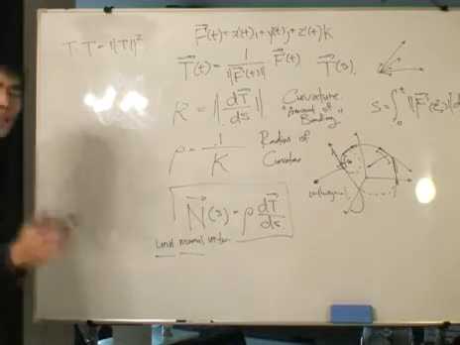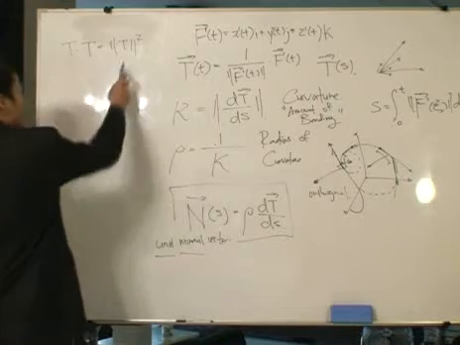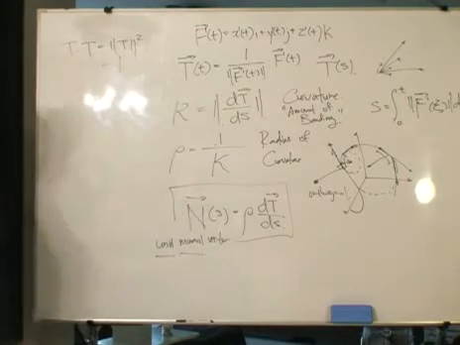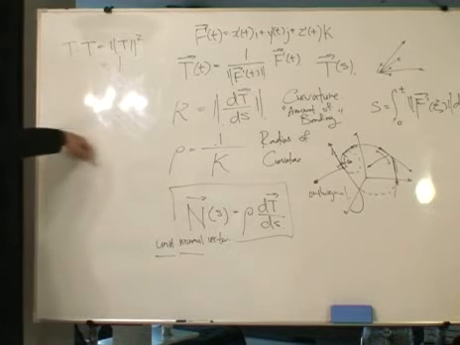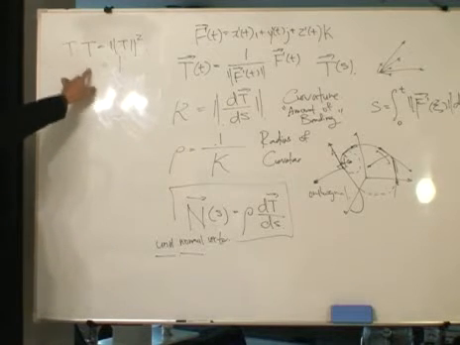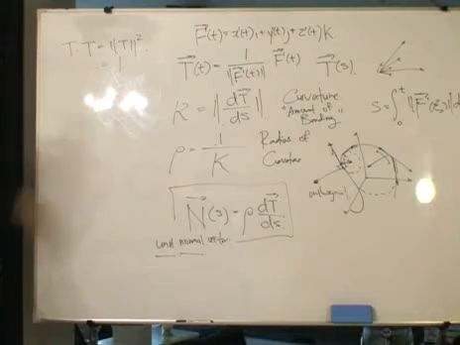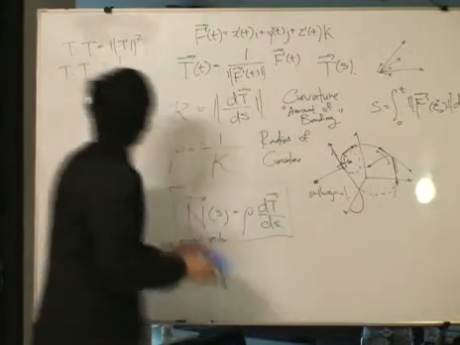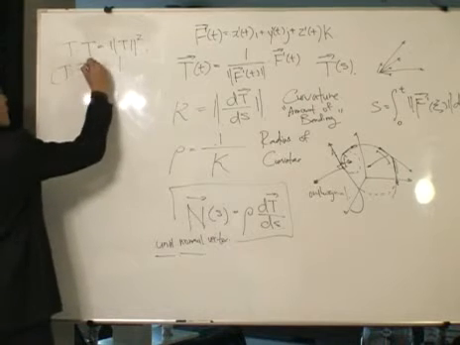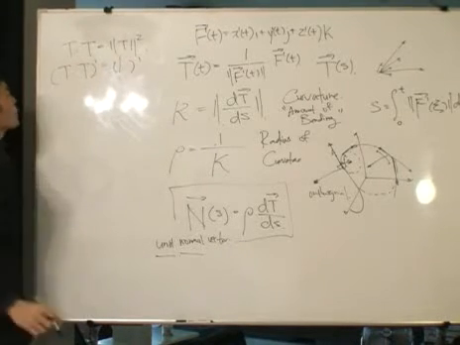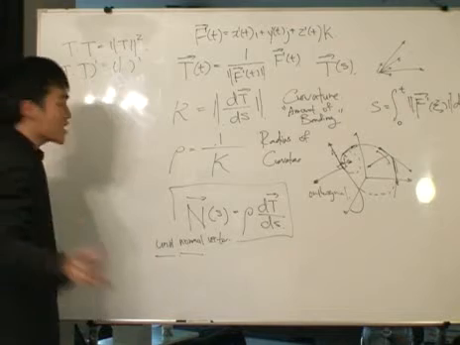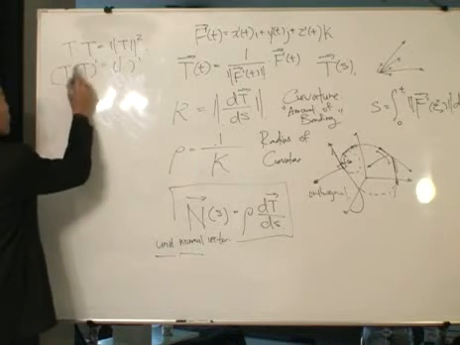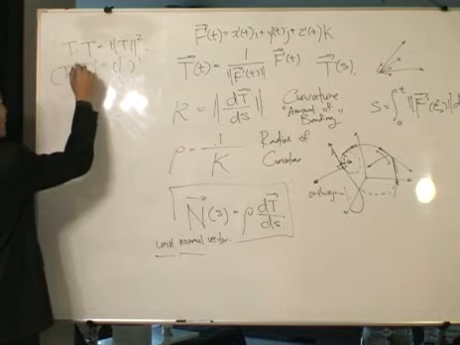The magnitude of T: what do we define T as? T is the unit tangent vector, so its magnitude is equal to 1. That's the first step, but we have T dot T over here. So now we differentiate both sides with respect to s. Differentiating the dot product is similar to the product rule: we differentiate this dot this, keep this and dot by this, and add the two together.